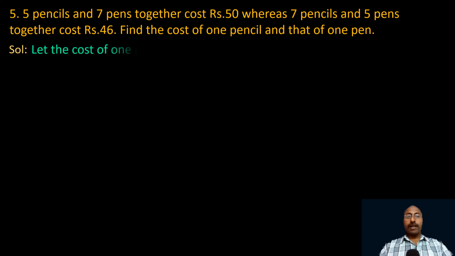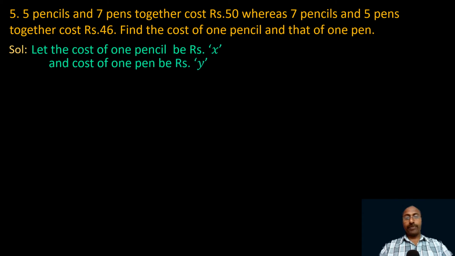So let the cost of one pencil be x rupees and cost of one pen be y rupees. And in first case we bought 5 pencils. If the cost of one pencil is x rupees, then cost of 5 pencils is 5 into x, isn't it?